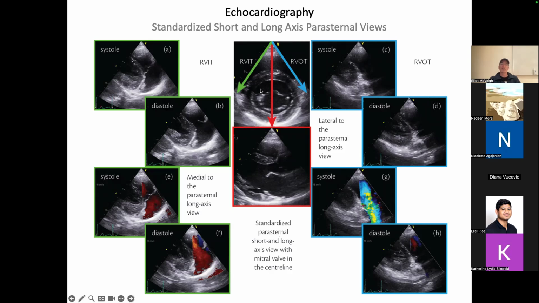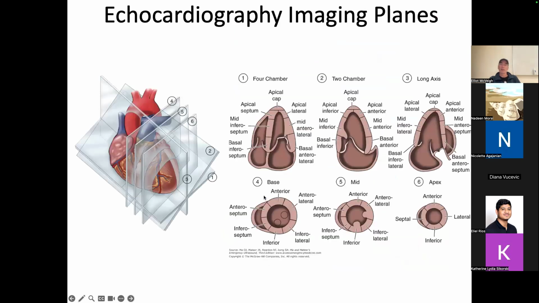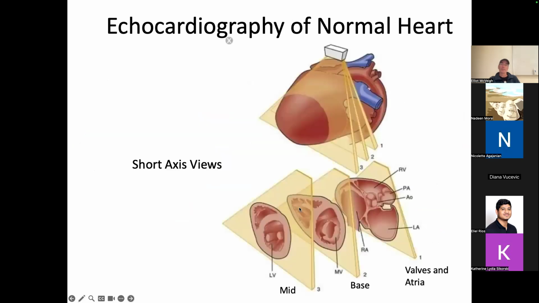We don't really see the RV here. But then if I rotate 90 degrees and I take the plane that goes down through the red, it looks like this. And this is that parasternal view. Here's the aortic outflow. This is the top of the left ventricle on the septal side. And then this is the free wall, or what we're calling here the anterior lateral wall.